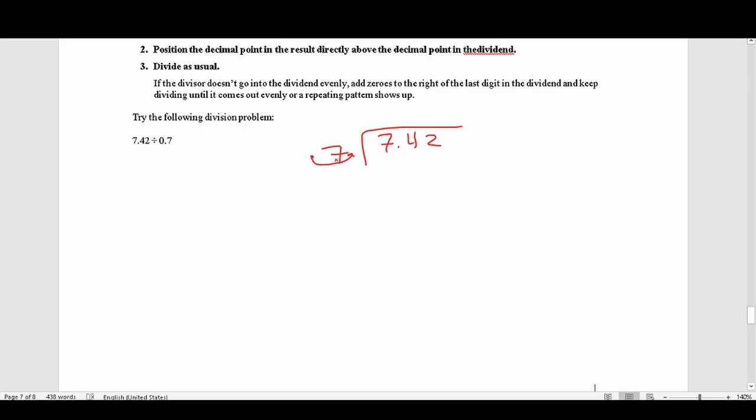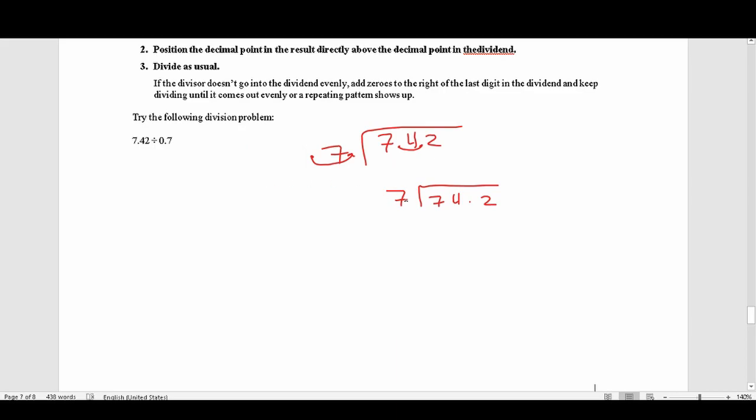Now you basically mirror what you do on the outside to the inside. So this becomes, you move this decimal place over 1. So this problem becomes 74.2. Again, you simply mirrored what you did on the outside.